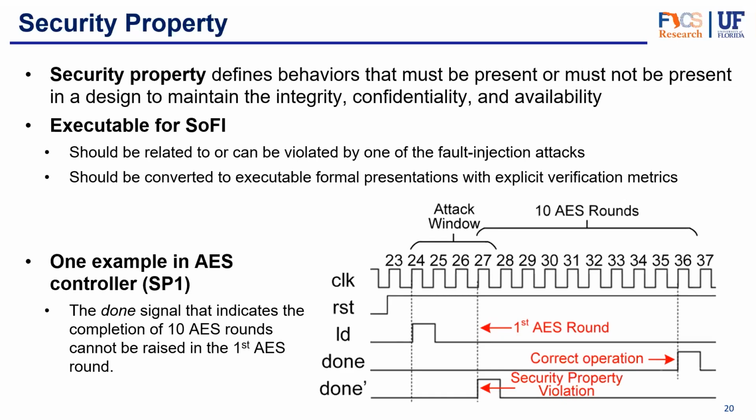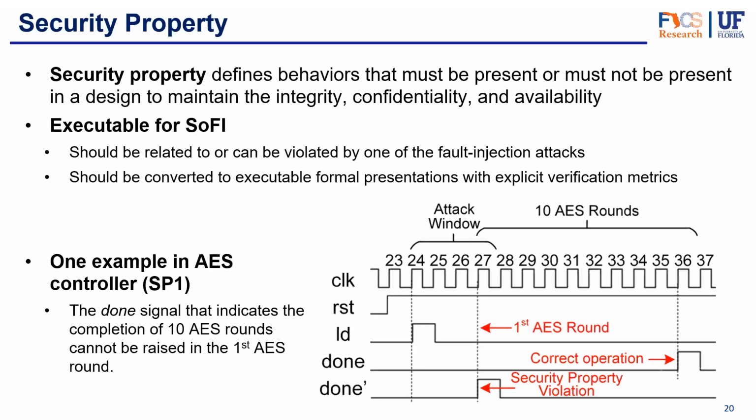So the security property is that during different rounds of operation, none of the states of the design should be bypassed to end up in the done state, with done asserted while the design is not fully encrypted.